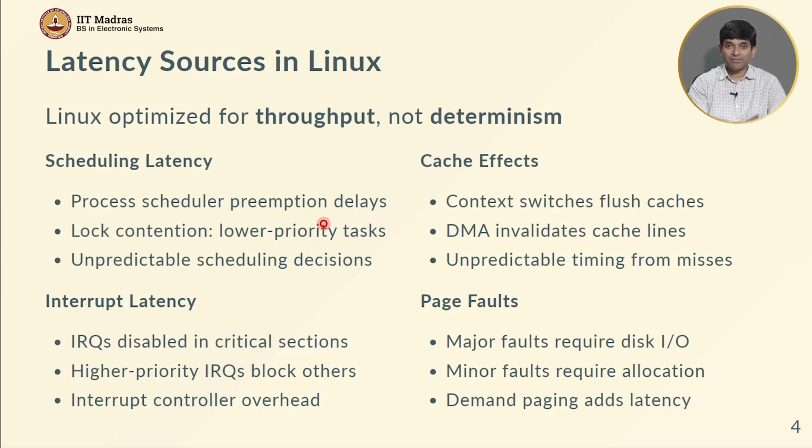So preemption is a good thing in an interactive or a multitasking system in general, but on the other hand, every preemption does incur a delay. So the process scheduler now needs to deal with these preemption delays, and that adds latency to the scheduling.